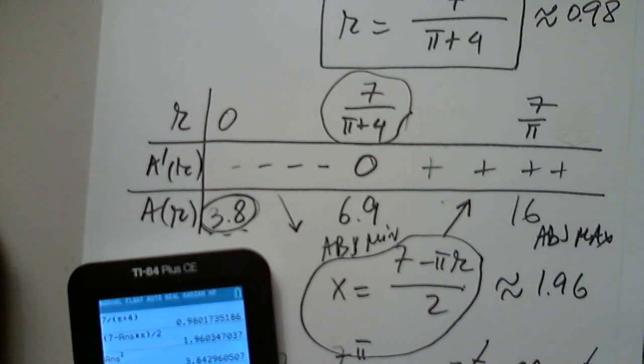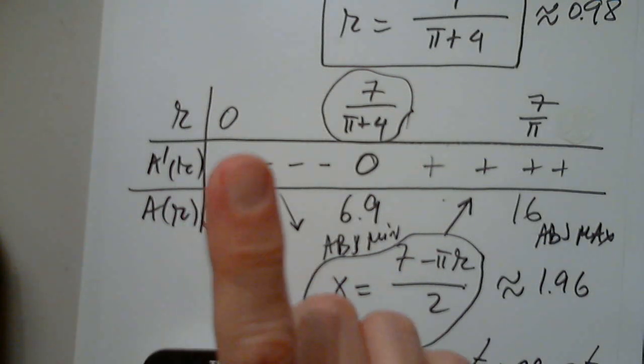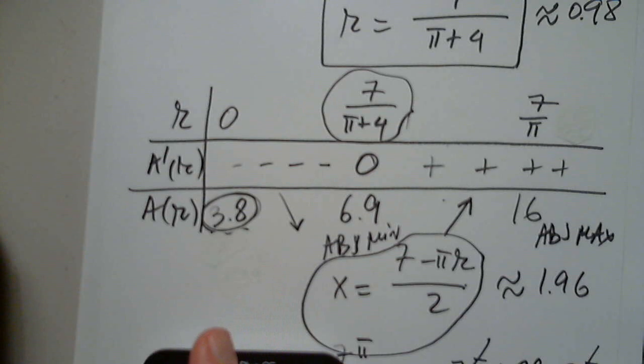When x is 0, I get 3.8. Because when r is 0, I only have x squared. When x is 0, I only have r squared. The sign is correct.